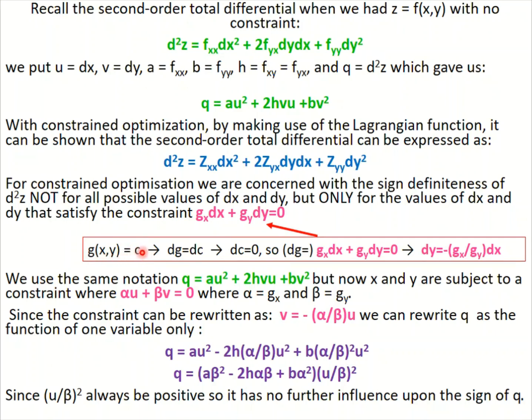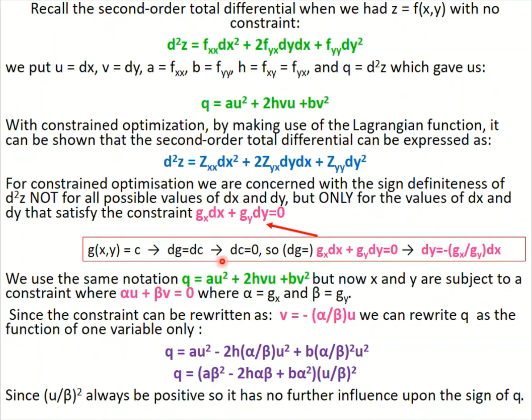And remember, c will be a constant value. So in light of our constraint here, we know that the differential dg must equal the differential dc.